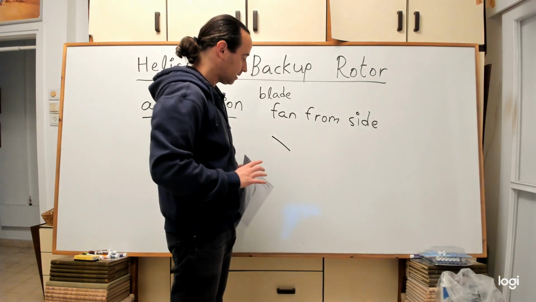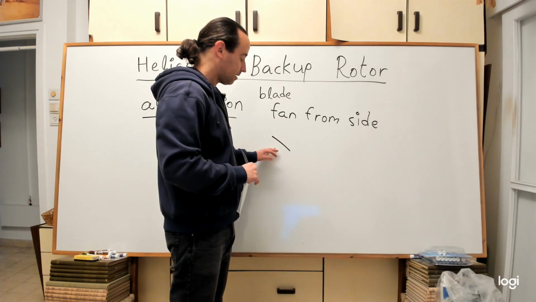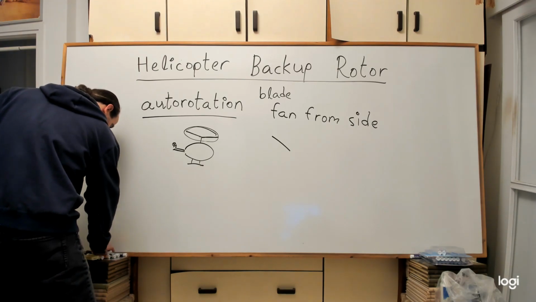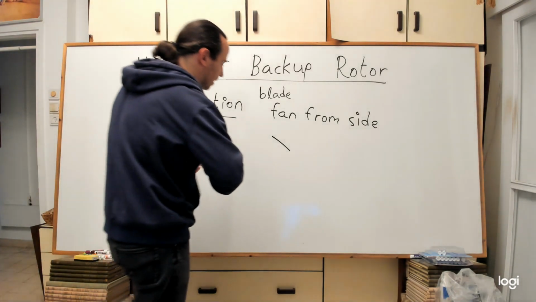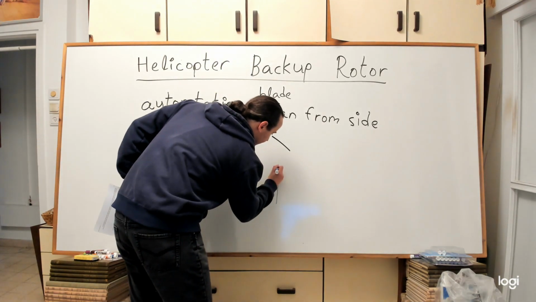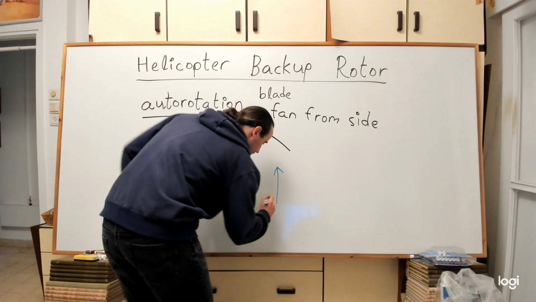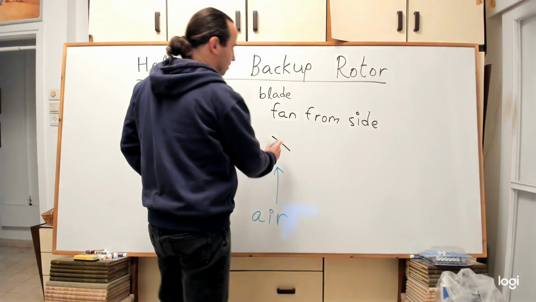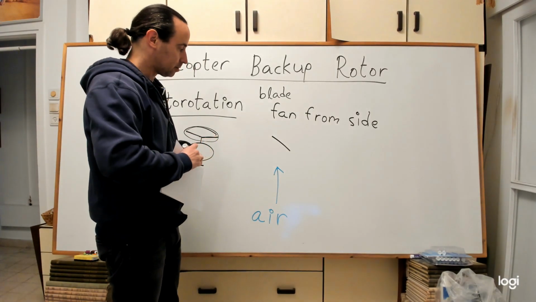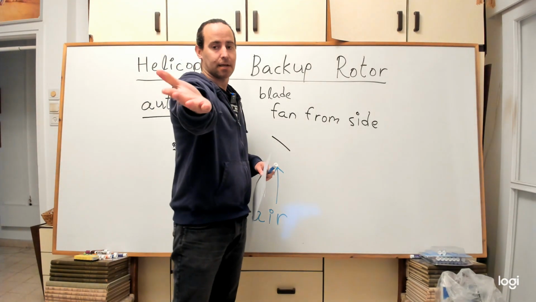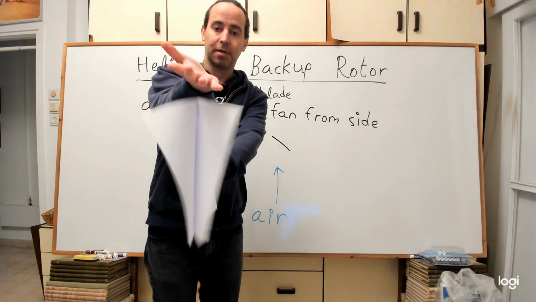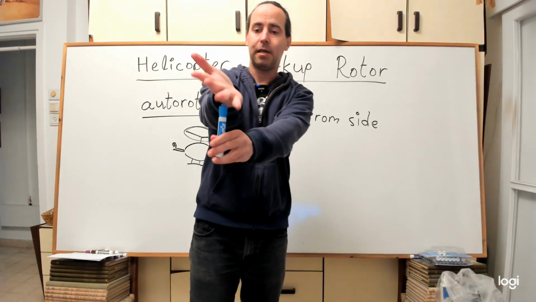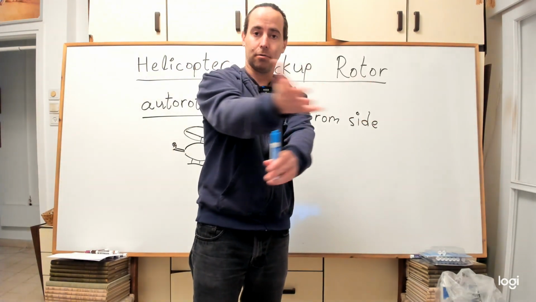This is the section from the side, and if there is air coming, then it pushes the rotor. If the rotor is like this and air is coming from here, then it pushes the rotor towards here.